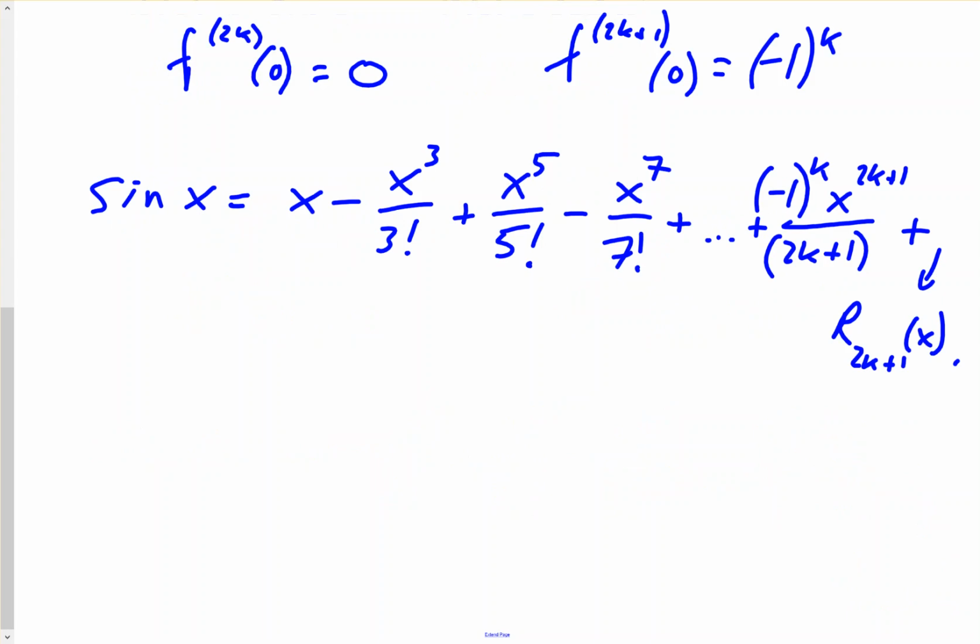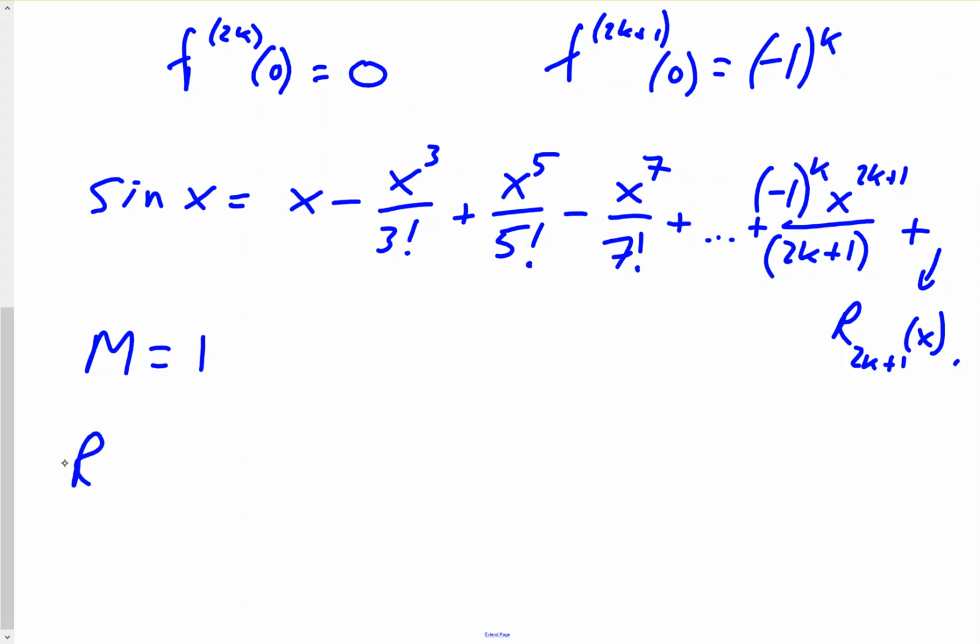Okay, so now all the derivatives of sine x have absolute value less than or equal to 1. So because of that, we could say that m is equal to 1. And so we're going to use the remainder estimation theorem when m is equal to 1.